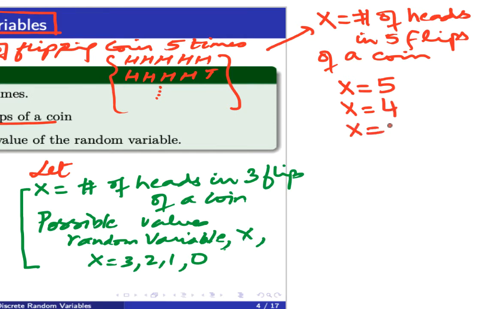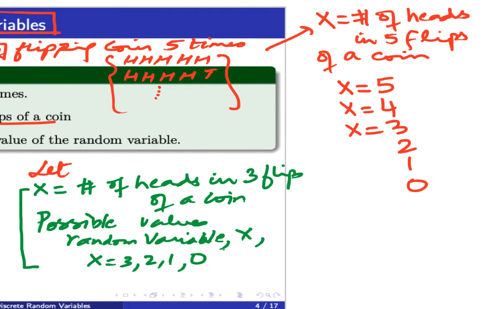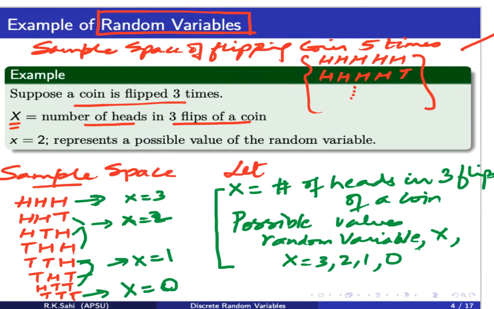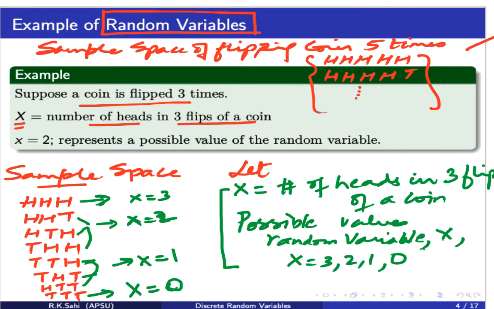This random variable can have 3 flips of a coin which are heads. So what are the possible values this little capital X can take? 5, 4, 3, 2, 1, 0. So this whole information basically talks about the whole sample space here. That's why random variables are very, very important and make our life simpler. I'm just giving you a very simple way of looking at it. Now let's look at types of random variables. Okay, so let's go forward.